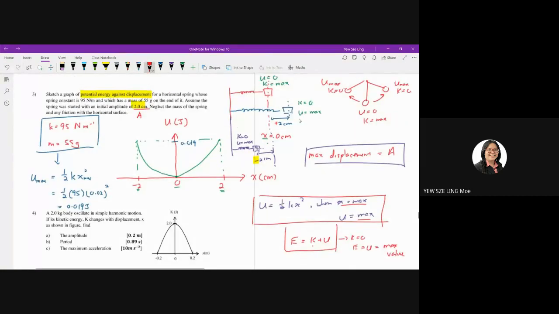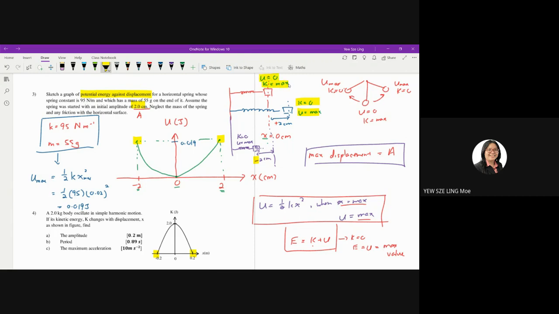Well, exactly like what I told you just now, when U is maximum, K is equal to 0. So at both ends you have a maximum potential energy. That's why at both ends you have 0 kinetic energy, which is at maximum displacement. When it's at the equilibrium position, U equals 0 and K is maximum.